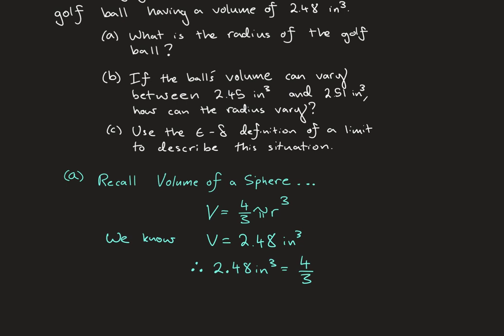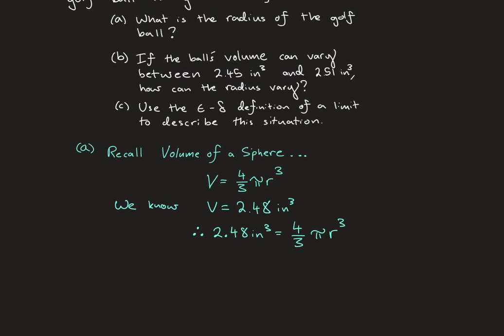Therefore, 2.48 cubic inches is equal to 4/3 pi r cubed. That tells us that r is equal to the cubed root. Well, I'll show more steps.